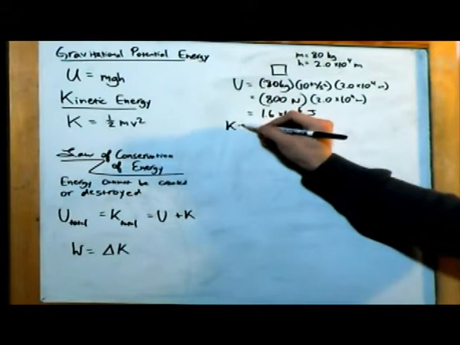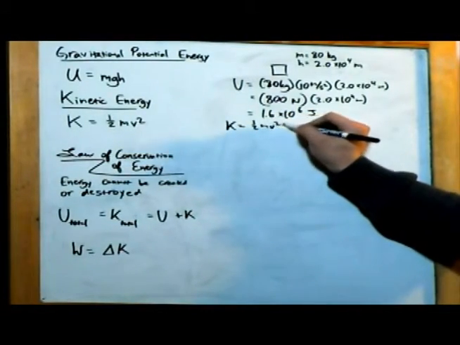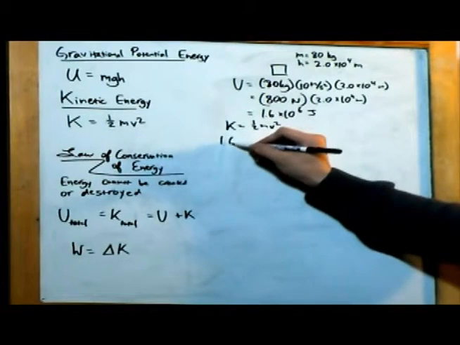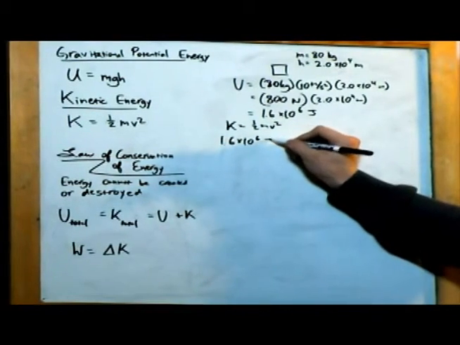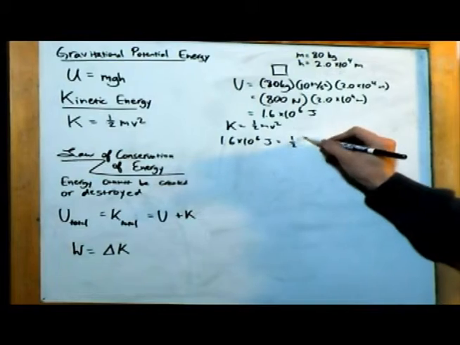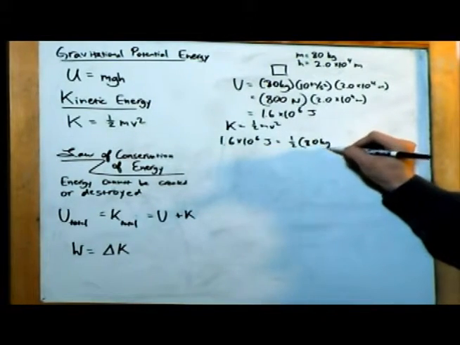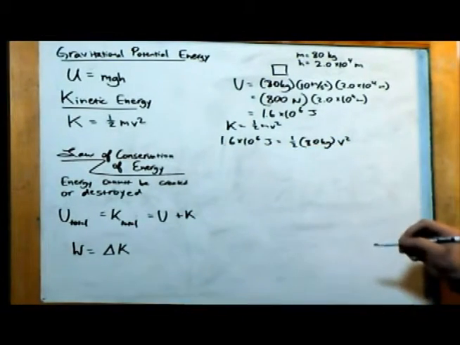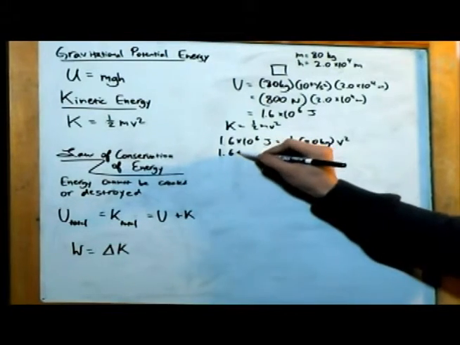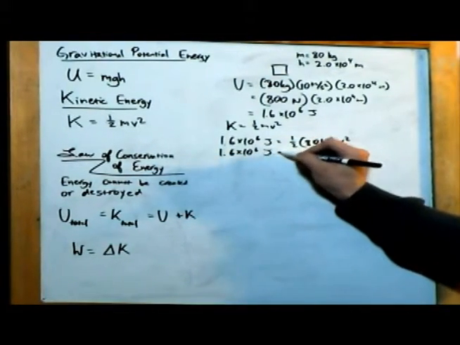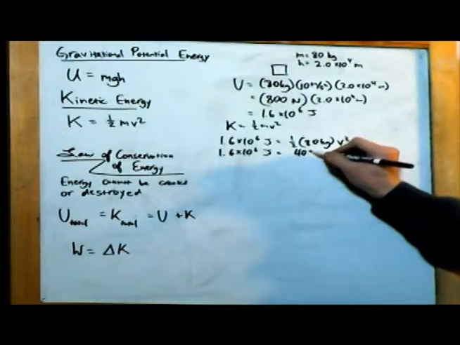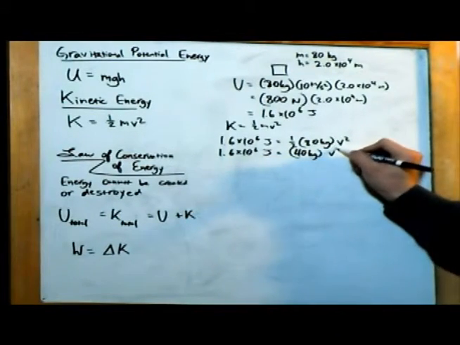So, K equals 1/2 mv squared, and so our maximum K is 1.6 times 10 to the 6 joules, equals 1/2 times our mass of 80 kilograms, times our unknown velocity squared. So, nothing happens on this side. 1/2 times 80 kilograms is 40 kilograms, times our velocity squared.